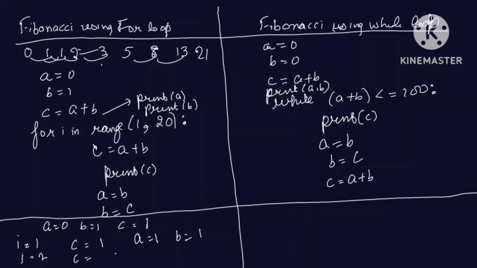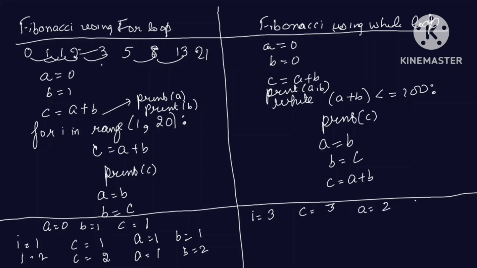If i is equal to 2, c is equal to 1 plus 1, which is 2. The new value of a is 1, the new value of b is 2, because c has the value 2, so b also will have 2. In the next loop, c is equal to 1 plus 2, which is 3. a will be 2 and b will be 3.